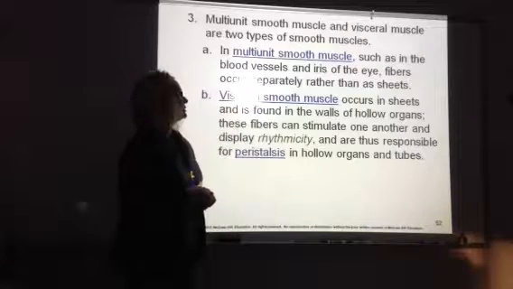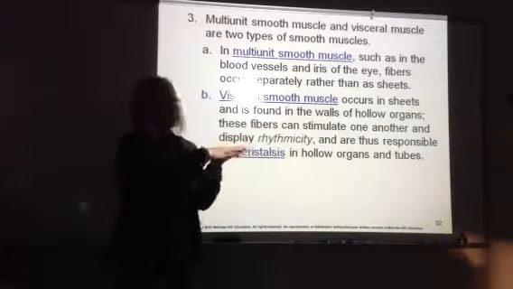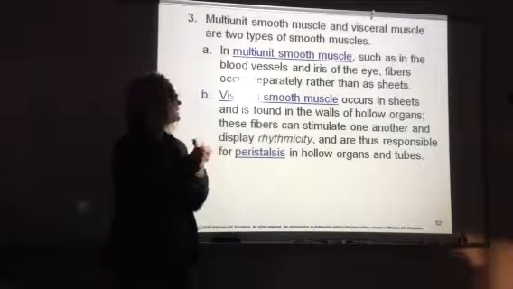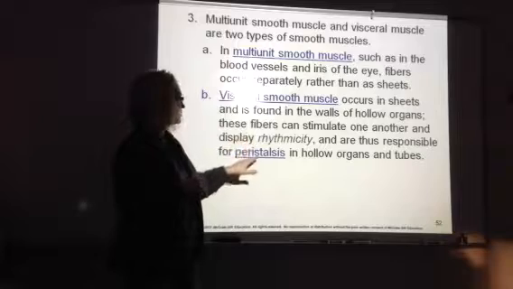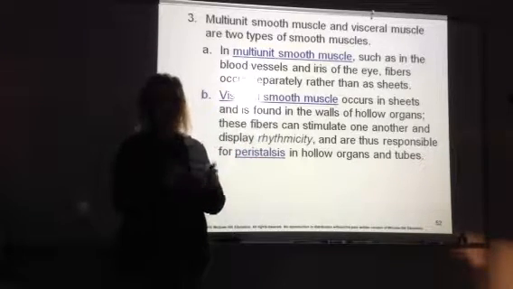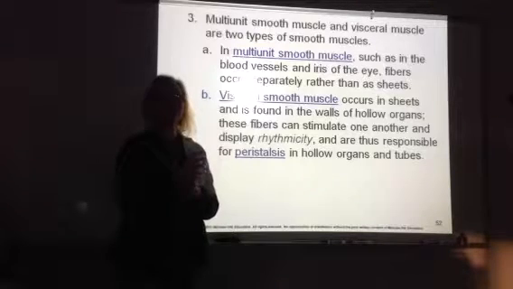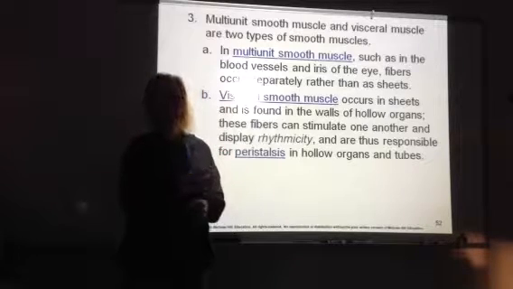Visceral smooth muscle, like in your organs, is going to actually be laid down more in a sheet-like manner. And because they're arranged like that, you get peristalsis. Many of your internal organs have to move food, and peristalsis is a rhythmic squeezing of organs.